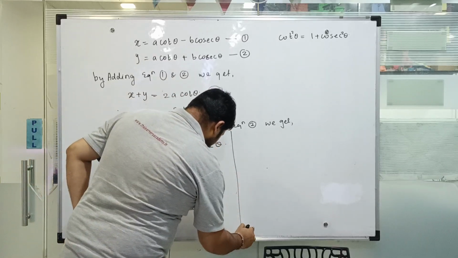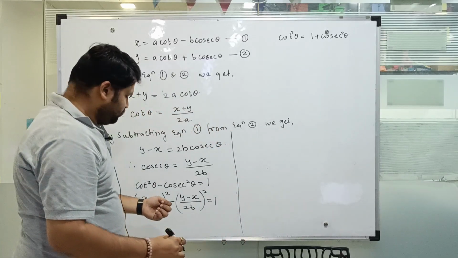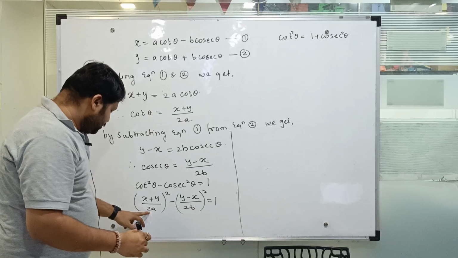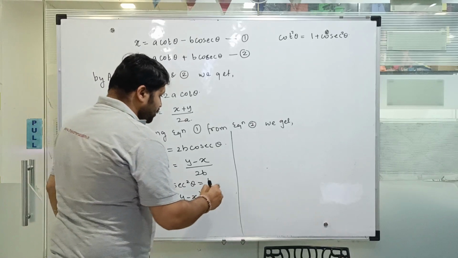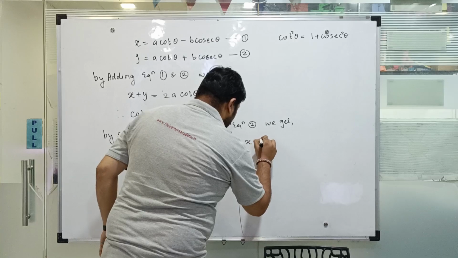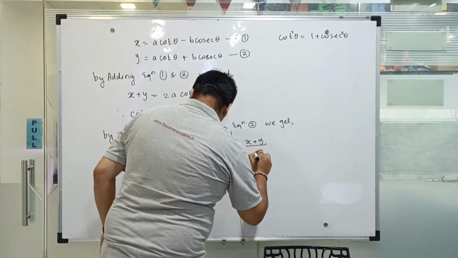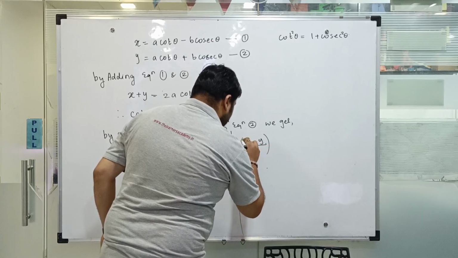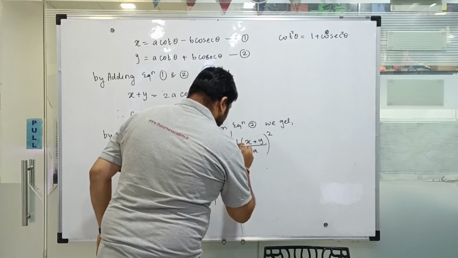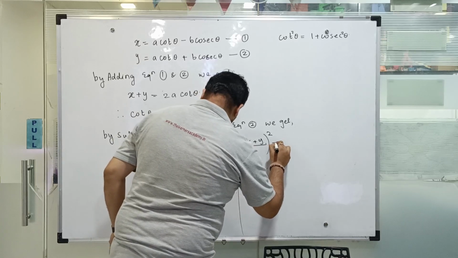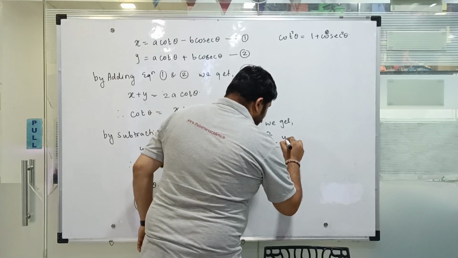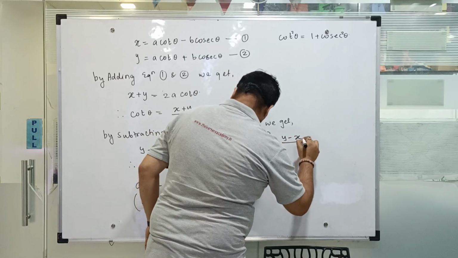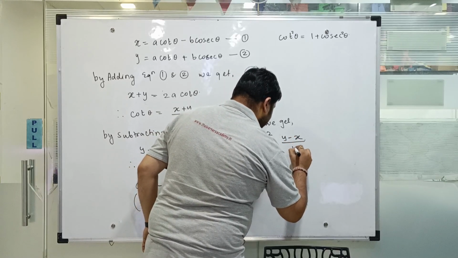Now I can further solve them out and I can take this 2 outside the brackets and it would give me (x plus y upon a) square, and here I'll get 1 by 4, minus (y minus x upon b).